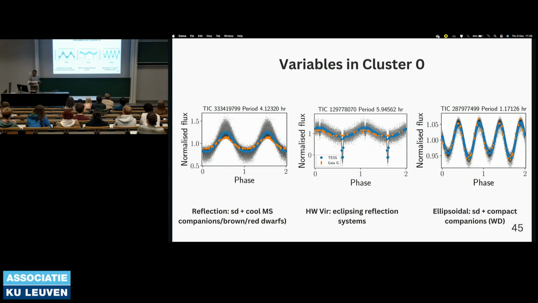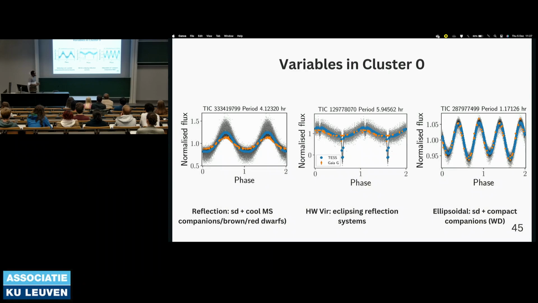And these are to show you some of the hot subdwarf variables we found in cluster 0. So on the left, we can see an example of reflection systems. So these are mainly hot subdwarfs with cool main sequence companions. In the middle, we can see an example of eclipsing reflection systems.